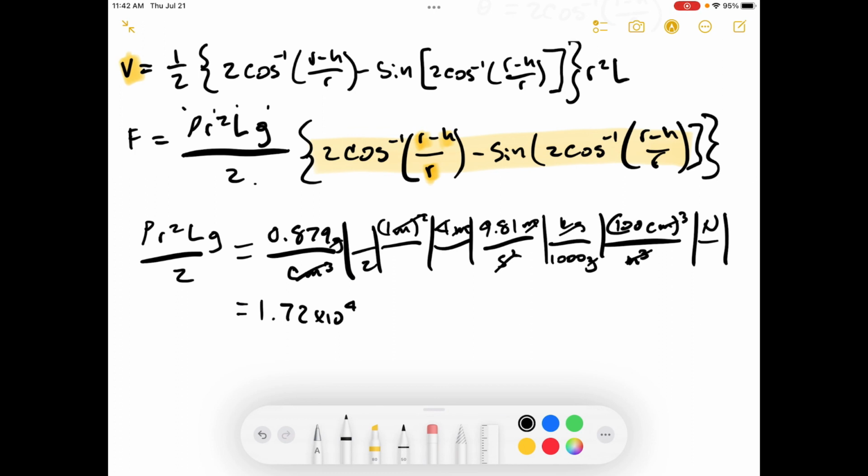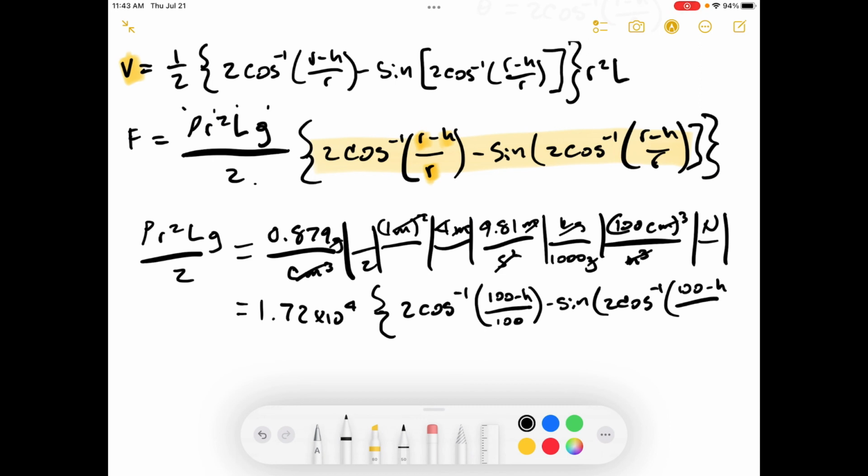So we'll substitute in our expression now and say 2 cosine inverse of (100 minus H) divided by 100, minus sine of 2 cosine inverse of (100 minus H) over 100.